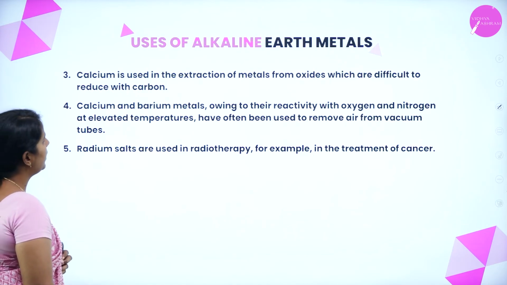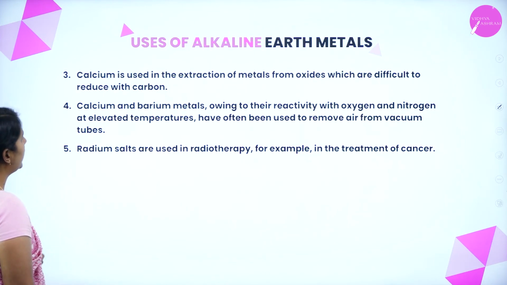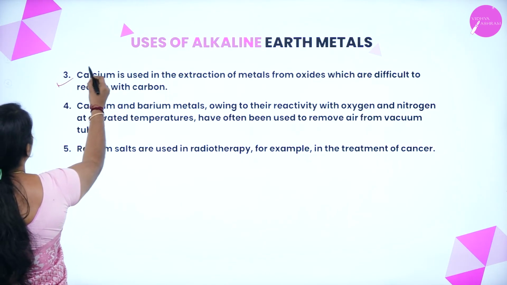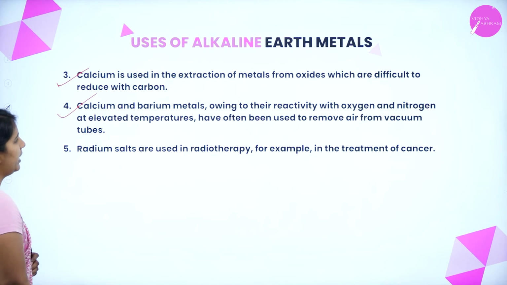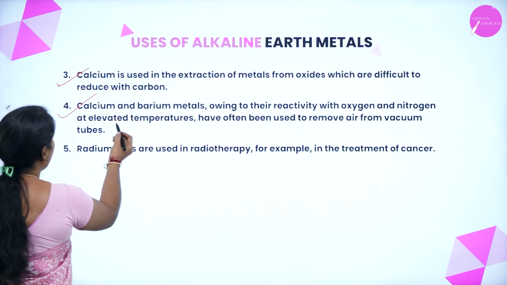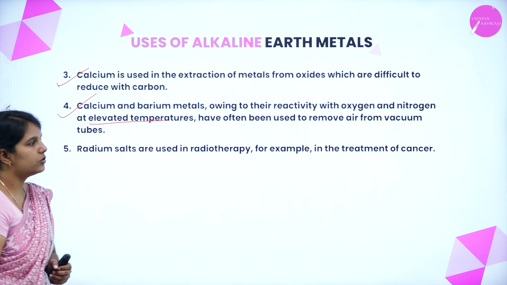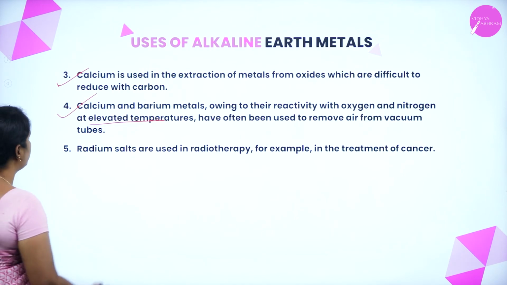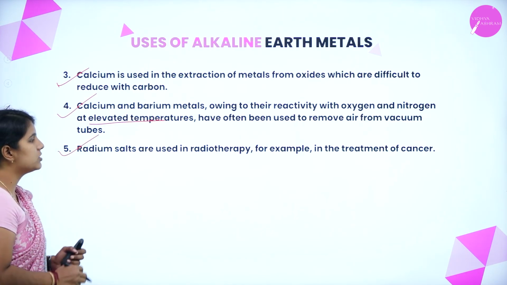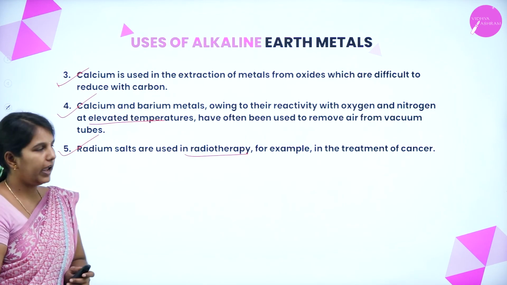Calcium is used in the extraction of metals from oxides which are difficult to reduce with carbon, and calcium with barium metal, owing to their reactivity with oxygen and nitrogen at elevated temperature, are often used to remove air from vacuum tubes, and radium salts are also used in radiotherapy, especially for the treatment of cancer.